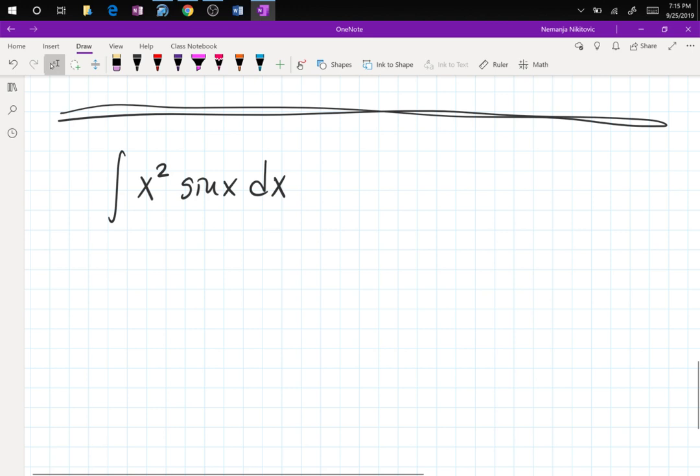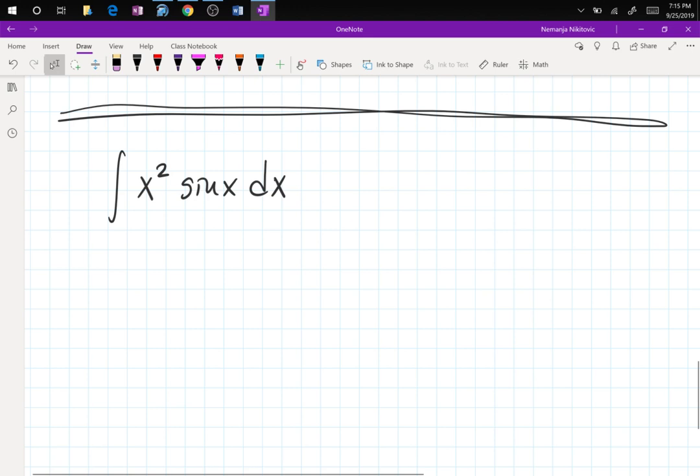So, can't do it. If this square was on the other x, the problem would be u sub. But because the square is on the x in front, it's integration by parts.